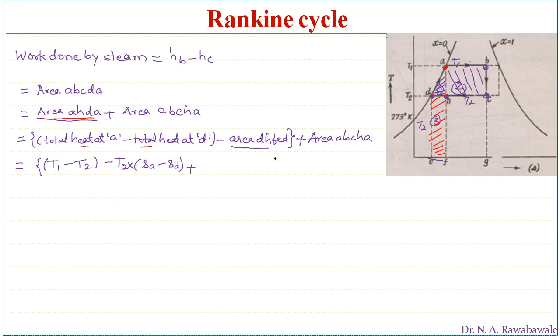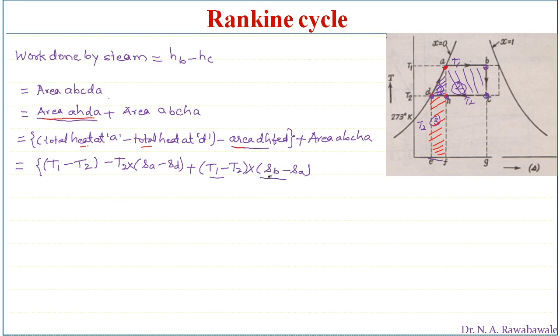So T1 minus T2 is the height of this rectangle, into the width of the rectangle, which is entropy at point B minus entropy at point A, SB minus SA.